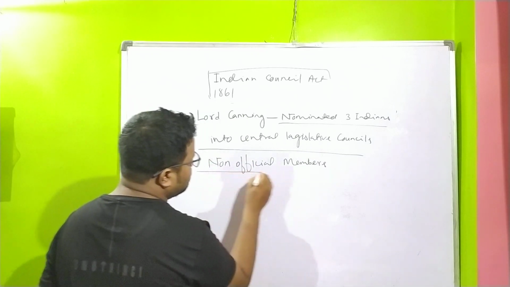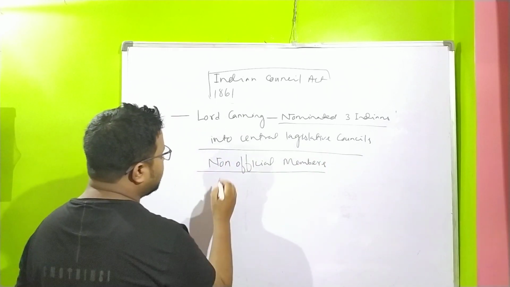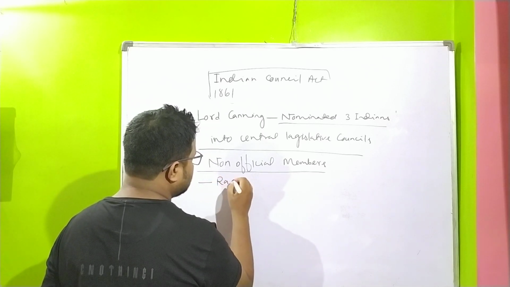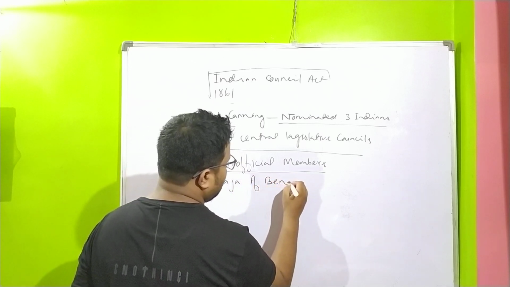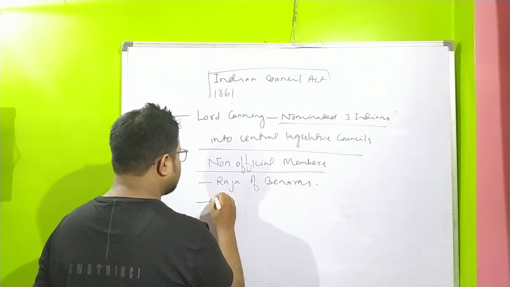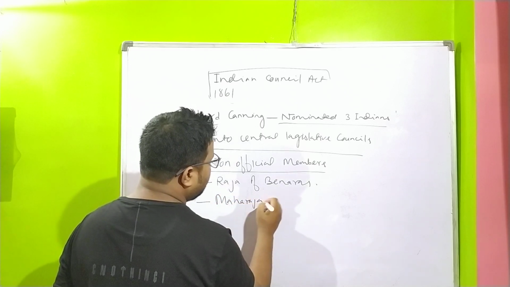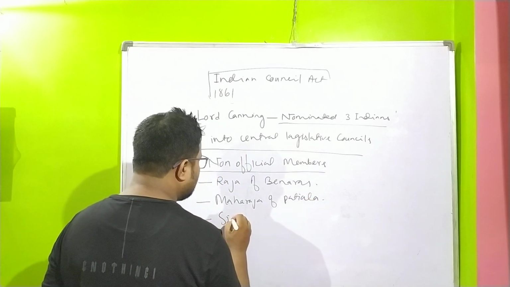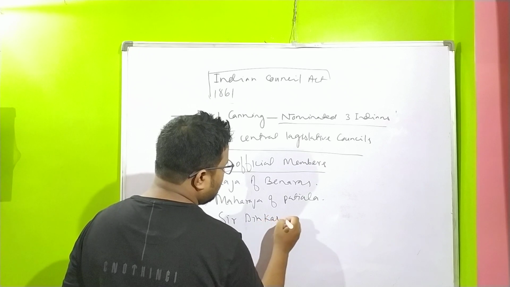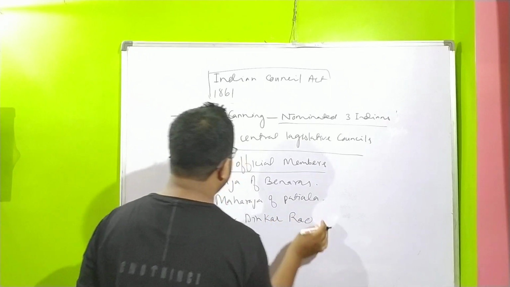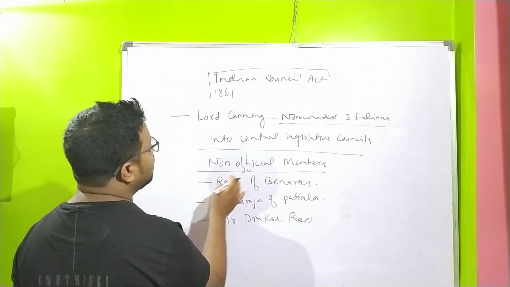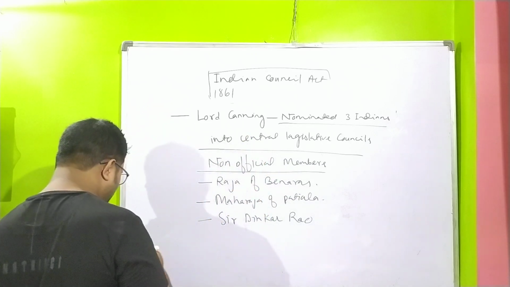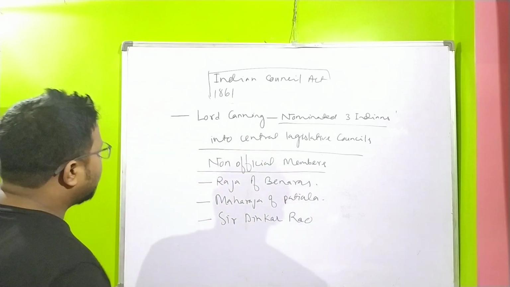Those three members were the Raja of Benares, the Maharaja of Patiala, and Sir Dinkar Rao. These three Indians were nominated by Lord Canning into the Central Legislative Council as non-official members.